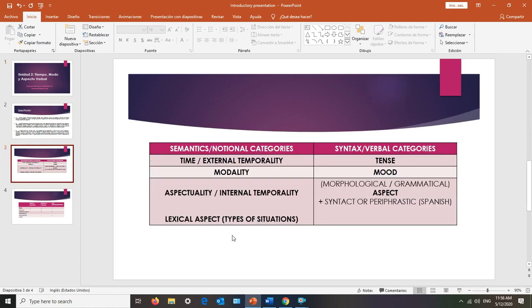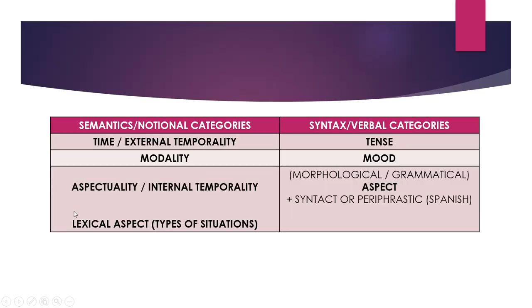So now I would like to tackle the semantic notion of aspectuality or internal temporality as different from external temporality, and its grammatical, of course, or syntactic realization as aspect.